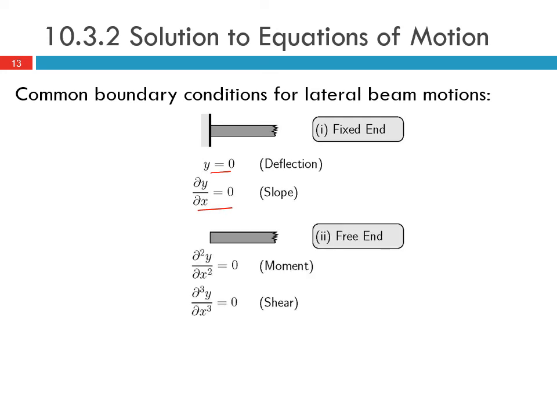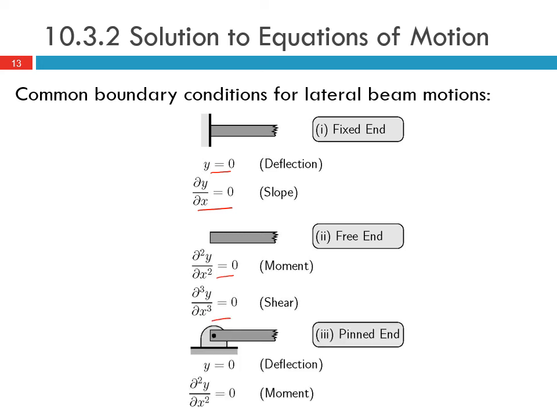For a free end, the moment is equal to 0, so partial 2y by partial x squared, and the shear force is equal to 0, which is partial 3y by partial x cubed. And finally, for a pinned end, the deflection is equal to 0, so y is equal to 0, and the moment is equal to 0, partial 2y by partial x squared is equal to 0.